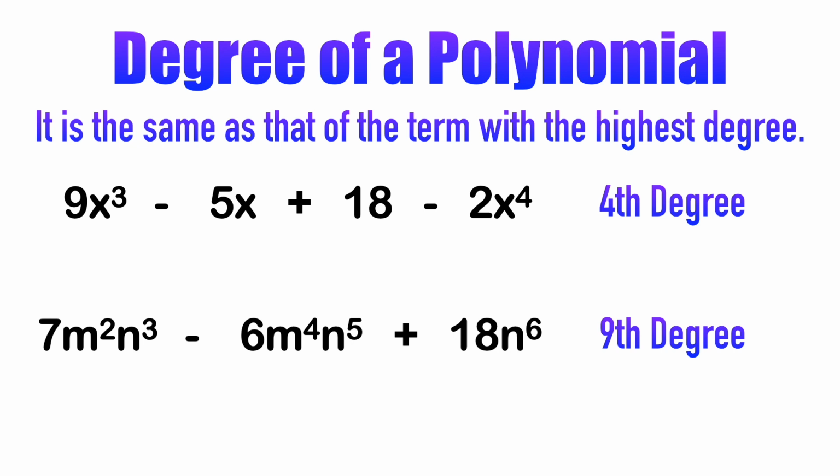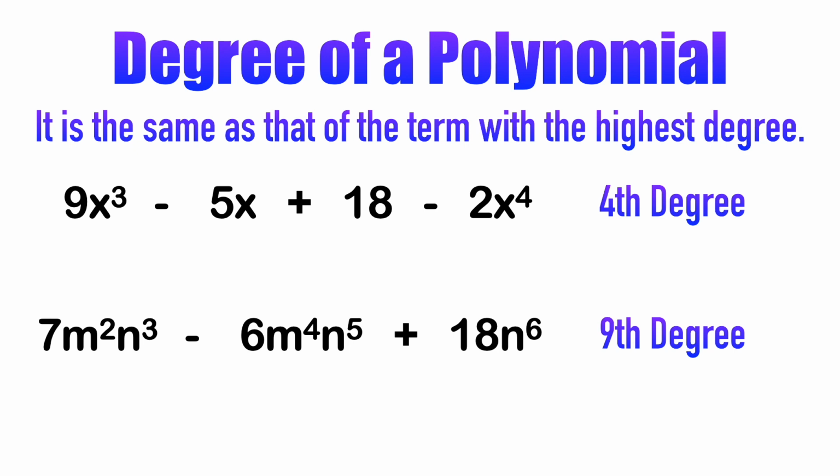So, kanina, nakita nyo yung degree of a term. Bawat term may degree. Ngayon, dito, degree of a polynomial, kung ano yung highest degree. Yun ang magiging degree ng polynomial. By the way, 0 is the only polynomial without a degree.